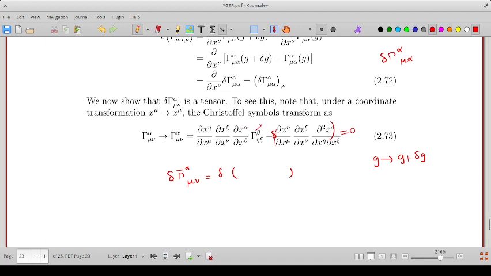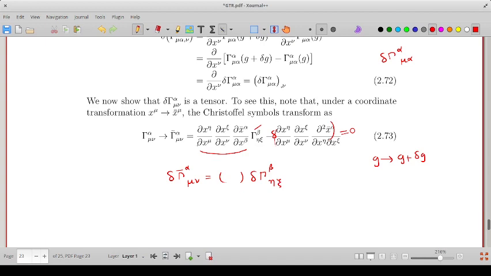And here gamma involves g, and therefore as a result of this variation, the change over here comes from the change over here. So we will have delta gamma bar alpha mu nu equal to this factor times delta gamma beta eta c.